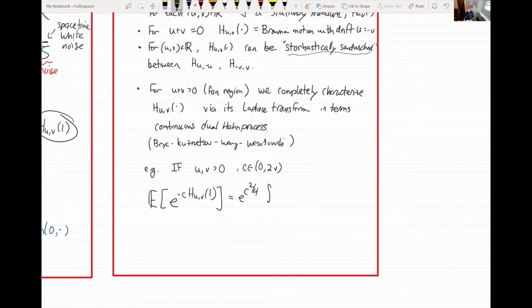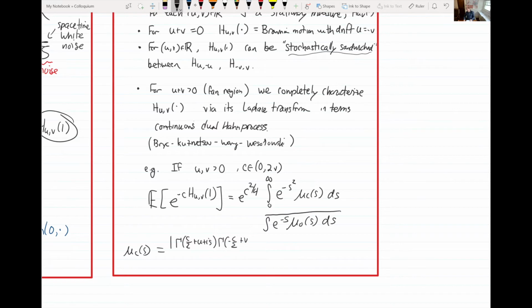I wouldn't say a totally simple form, but it is a simple integral against a measure, actually an infinite measure, where this measure, mu_{c,s}, can be written as a product of gamma functions. These are the types of measures that come up when you deal with beta integrals or generalized beta integrals, and the parameters u and v come in through these gamma functions.